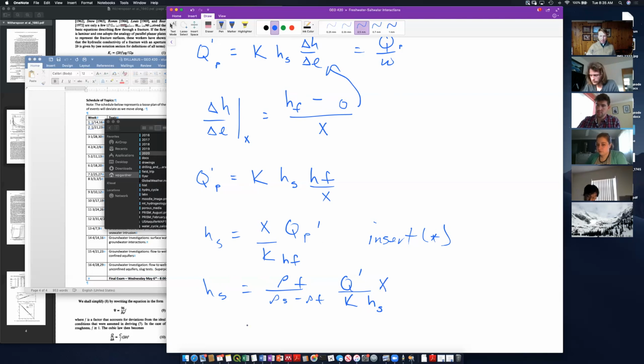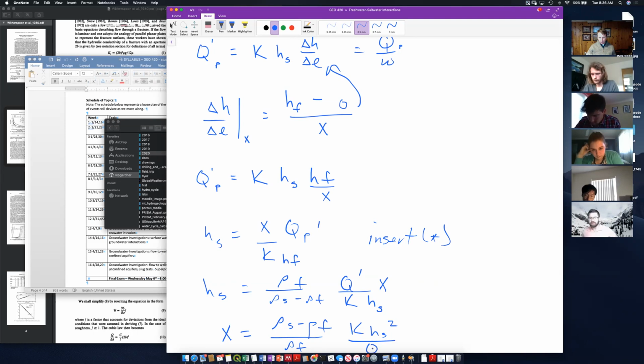So finally, I'm going to write this equation. X is equal to rho S minus rho F over rho F, K HS squared over Q prime.